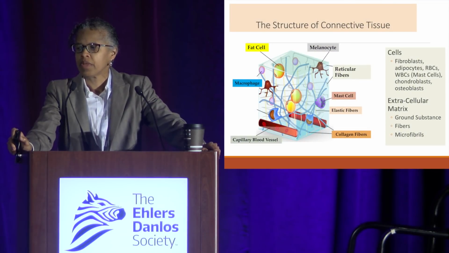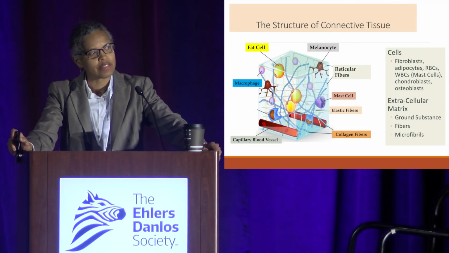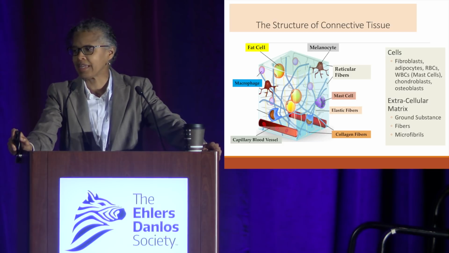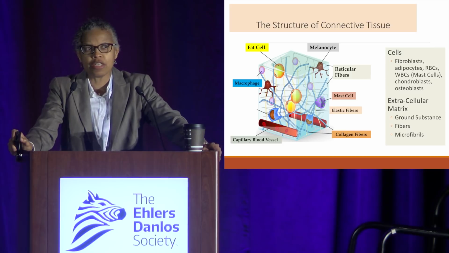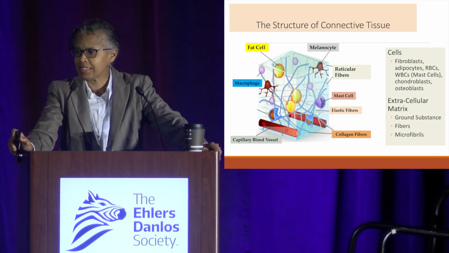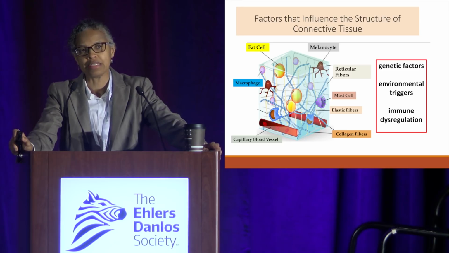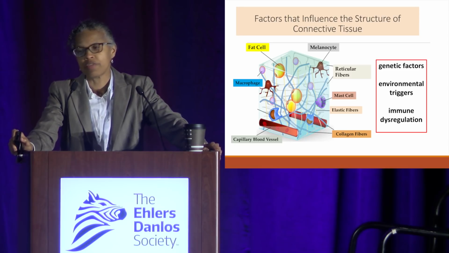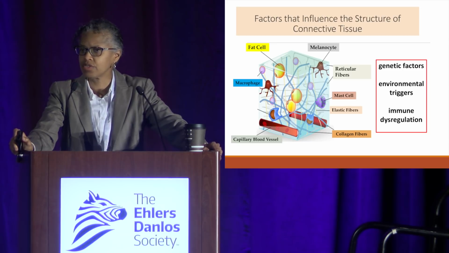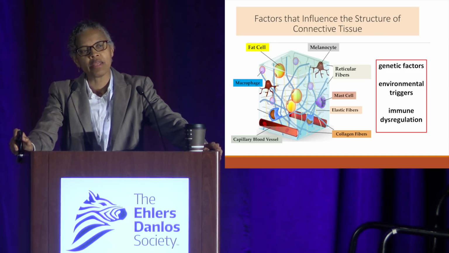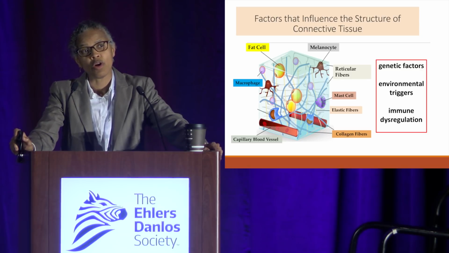So the connective tissue, as has been presented quite a bit through this weekend, really is composed of lots of different substances that essentially is the brick and mortar of our bodies. And there are several factors that can influence the dynamic structure of the connective tissue. So it's what you inherited from your parents and ancestors, the things in the environment that will impact the connective tissue, and that will also recruit an immune function.